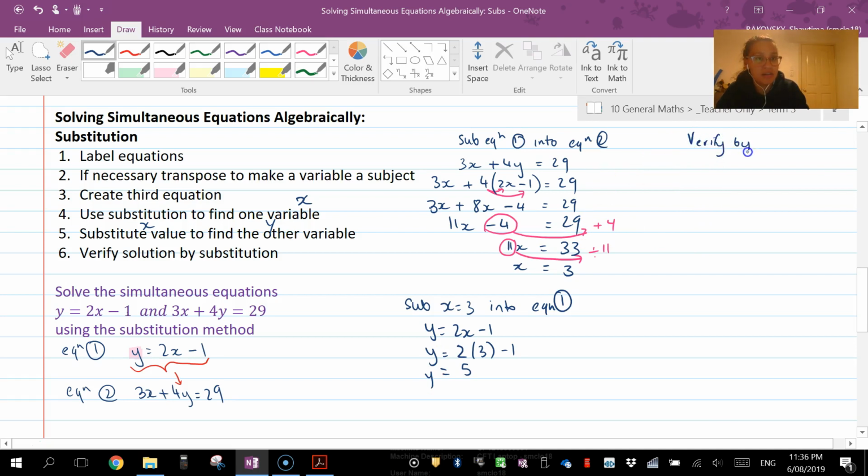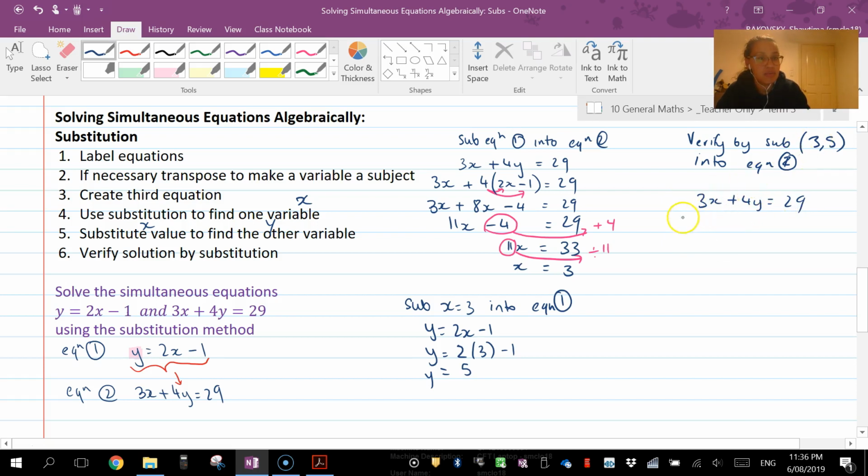Now I'm going to verify by substituting 3, 5 into any equation. Let's use equation 1 again. Actually, let's use 2, just so you don't think I'm being biased here. So 3x plus 4y equals 29.